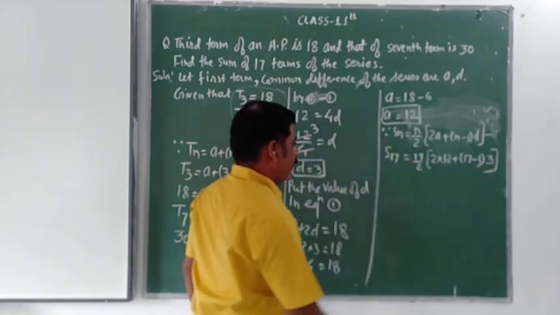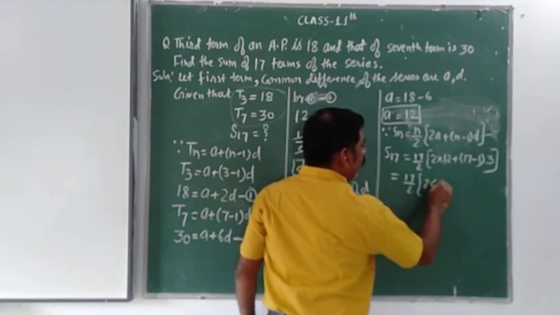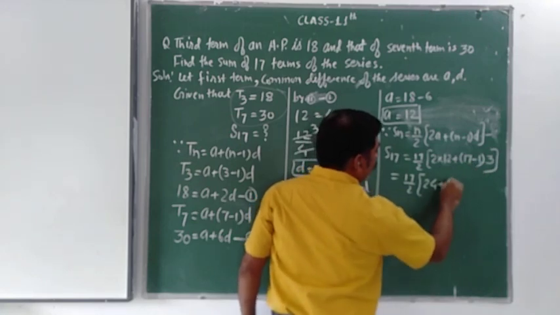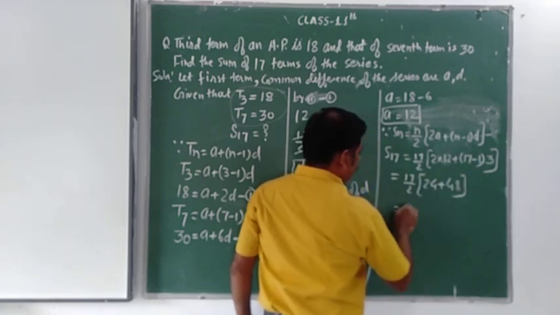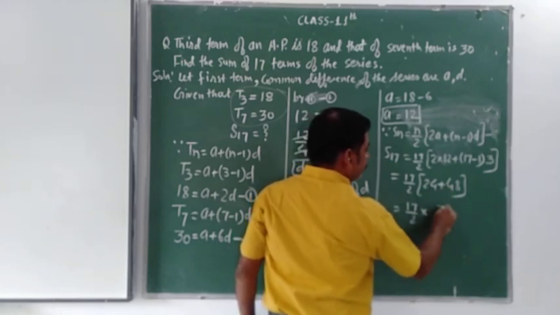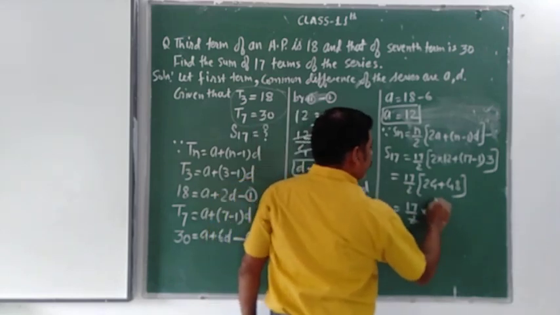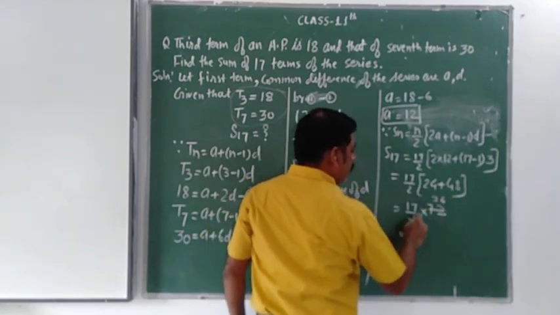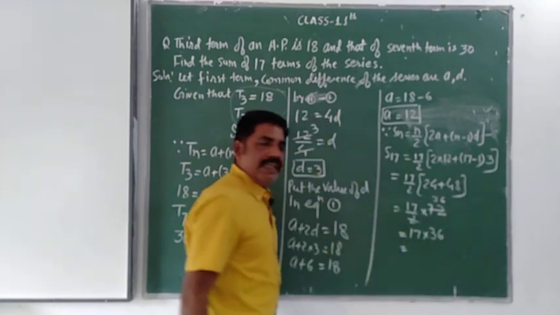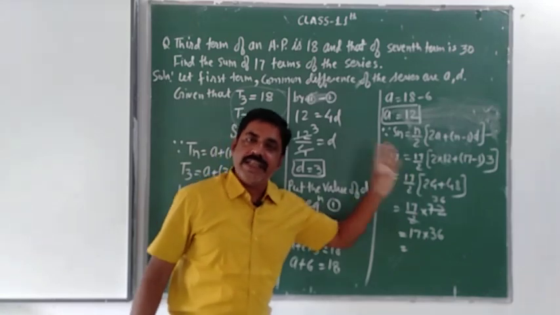So it is 17 by 2 into 24 plus 16 into 3, and 16 3s are 48. Now 17 by 2 into 24 plus 48, 72, 36. So you can multiply 17 into 36 to get the sum of 17 terms.